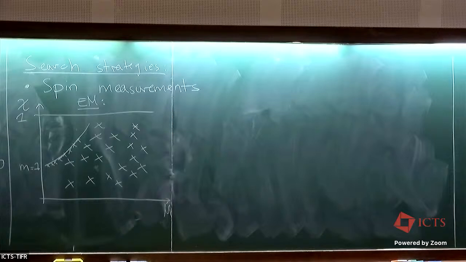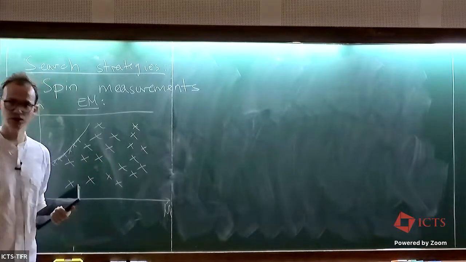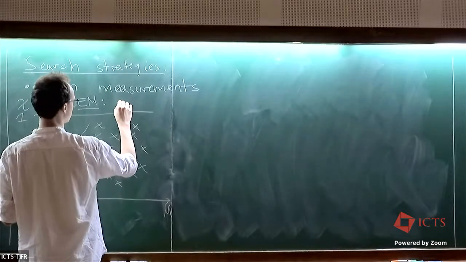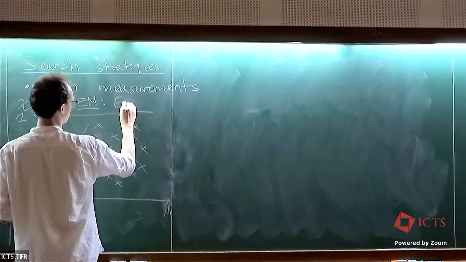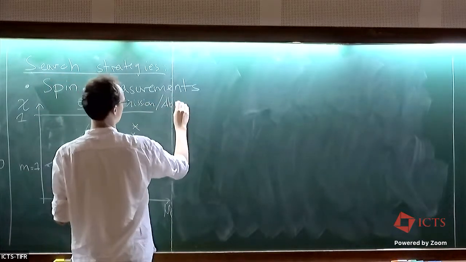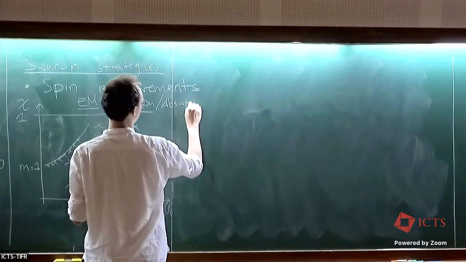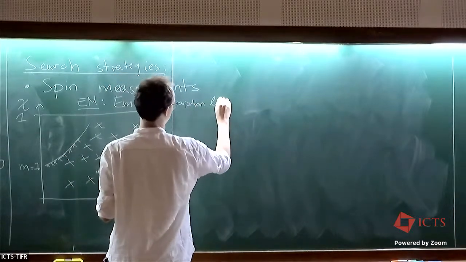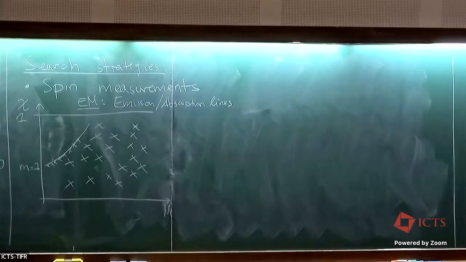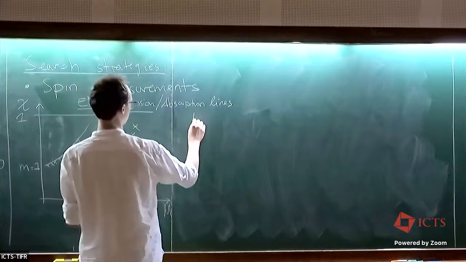And then based on some properties of the X-ray or of the electromagnetic emissions, specifically absorption lines or emission lines in the spectra from these systems, you can then, assuming some disk model, infer the spin.